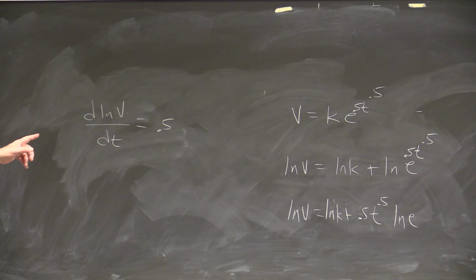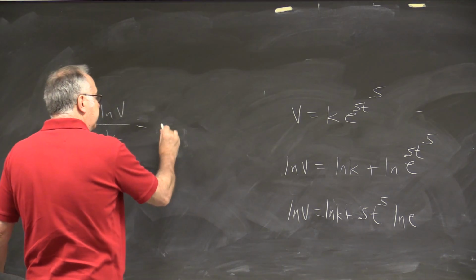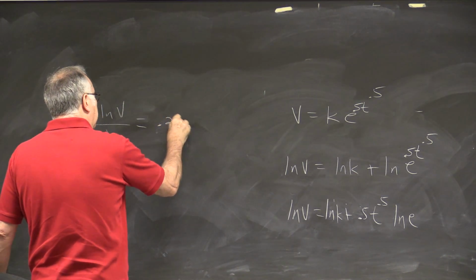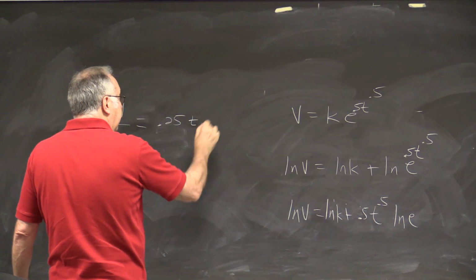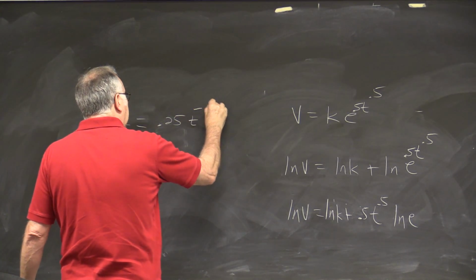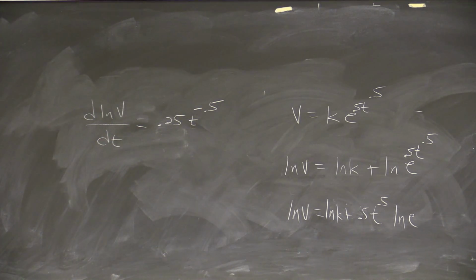Therefore, d log V dt is 0.25 t to the minus 0.5. That's R sub B, the growth rate.